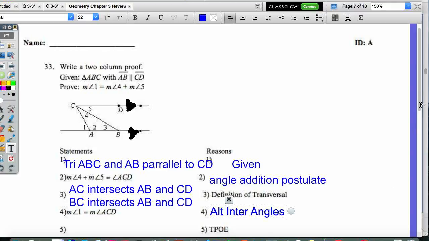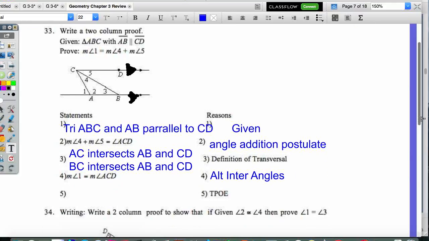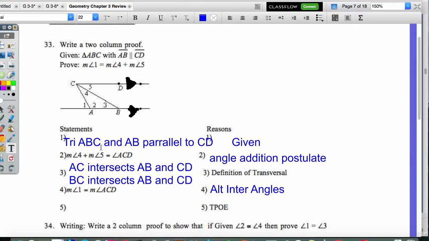So now we can get right to our proving statement, which is measure of angle 1 is equal to measure of angle 4 plus measure of angle 5.